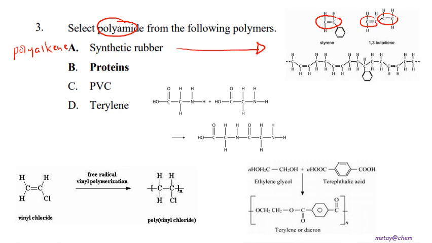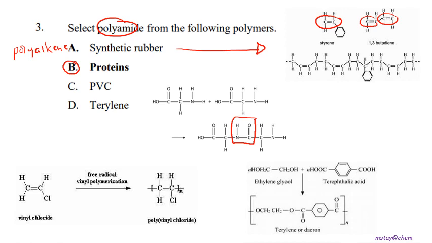In the previous chapter on amino acids, we already know that when amino acids combine, they form the peptide bond, which is the functional group of amide. So this one is polyamide. The answer is B.